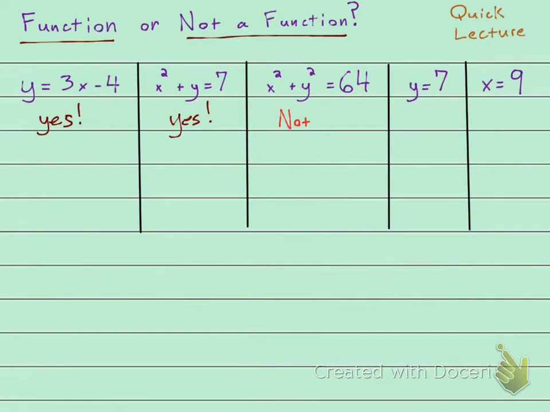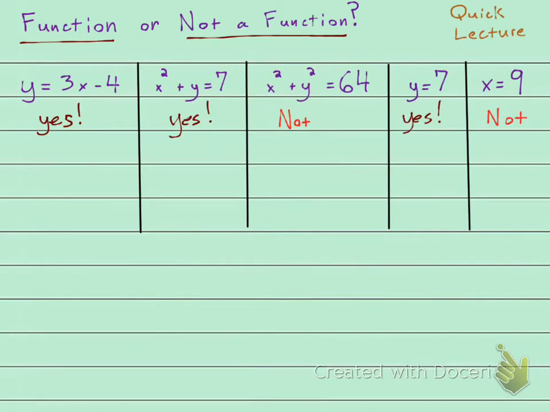If you see a y to the first power, this one is fine, so yes, this one is going to be a function. And the other one you have to worry about, besides an even power on a y, is this one, where you have no y at all. Okay, this is actually y to the power of 0, and 0 is an even number. So this one is not going to be a function.